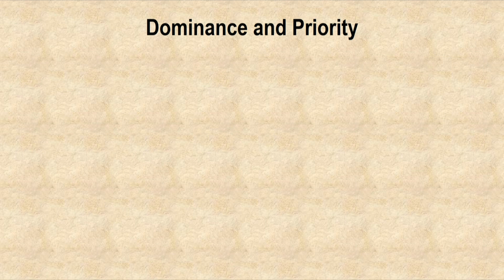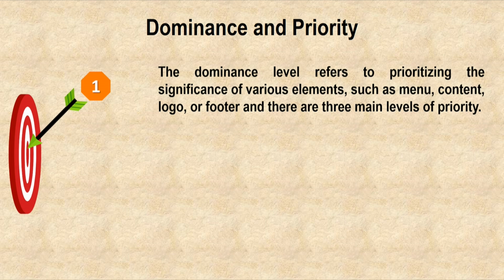The second principle of graphic designing is dominance and priority. The dominance level refers to how to prioritize the different graphical elements depending upon their significance or importance. So we do have several graphic elements like menus, content, logo or footer, and generally we classify them into three main levels of priority.